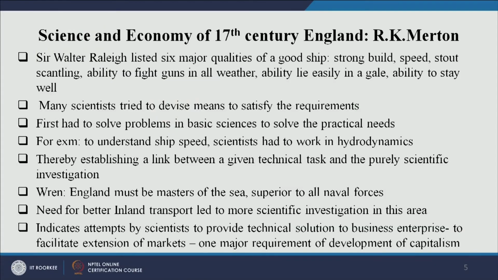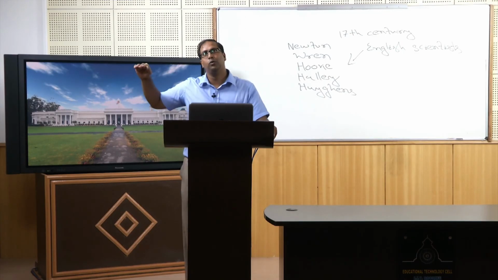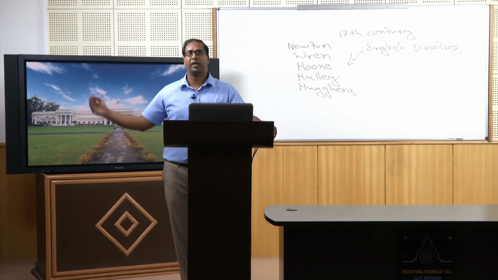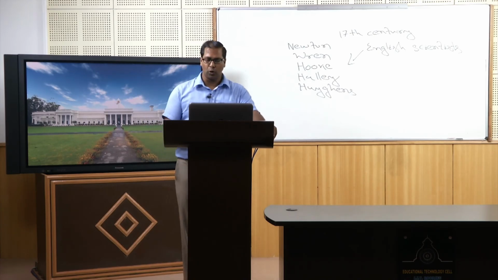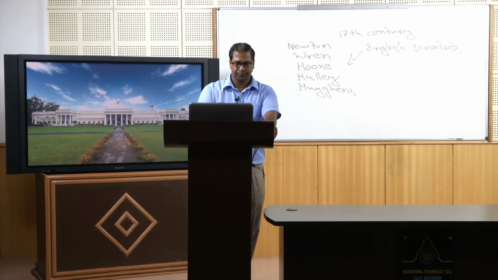And because of this, capitalism directly or indirectly developed. Capitalism as an economic system developed because of this linkage between social needs and scientific and technological advancement, that led to a newer kind of economic system which we now know as capitalism.